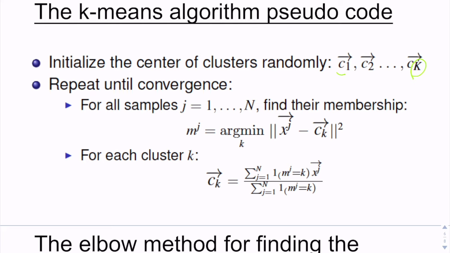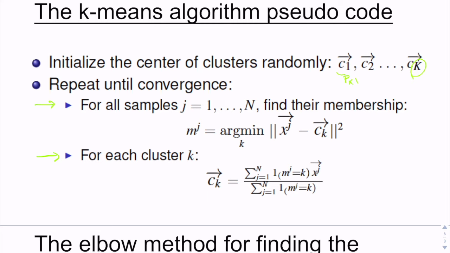Note that these are vectors of dimension p. Each of them is p by 1, right? These are vectors, not scalars. So first of all, we randomly initialize the centers. We choose some random vectors, and then repeat these two processes until convergence occurs.